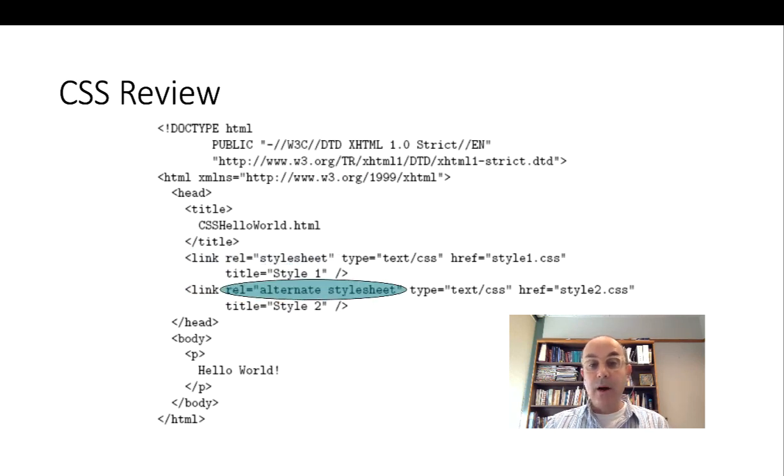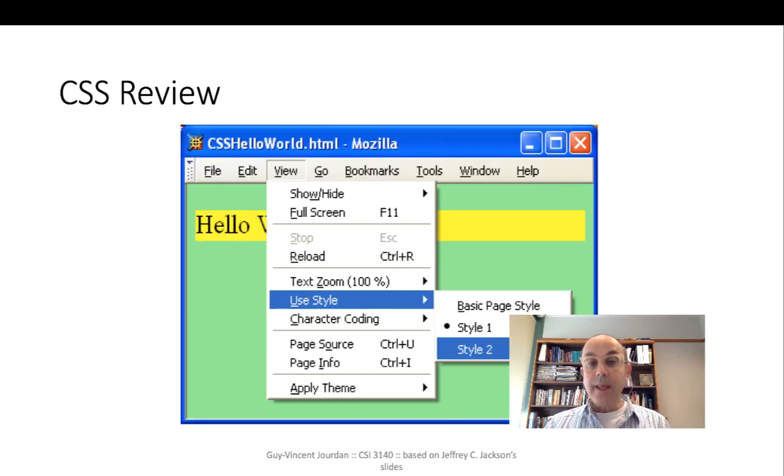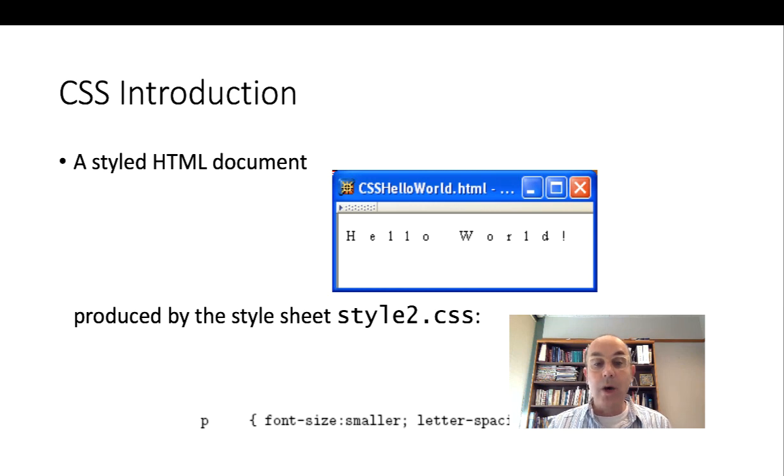So again, you can see style 1 and style 2 and what they entail. We can play with it and be able to apply different styles into the HTML. That's something that the HTML by itself does not allow us to do, for example font size.